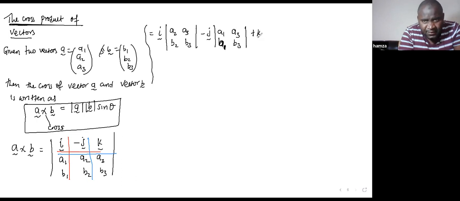Lastly, plus k. Anything in k, this row is in k, has k, this column has k. So I will not consider anything in the row of k and anything in the column of k, which will be a1, b1, a2, b2.